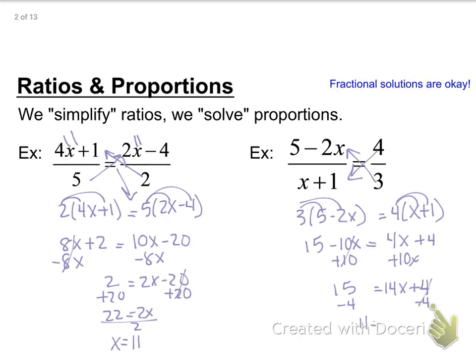Subtract 4. Oops, this was 6x. That I'm adding. So I'll get 10x. There we go. Okay. Equals 10x. Now I divide by 10. And I get 11 over 10.